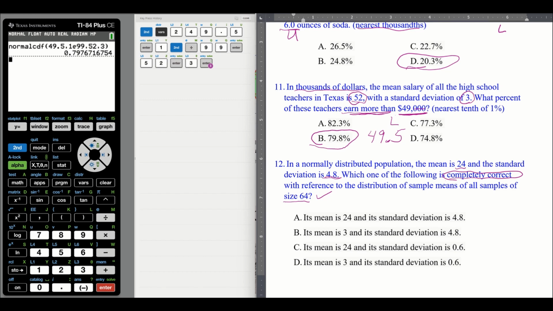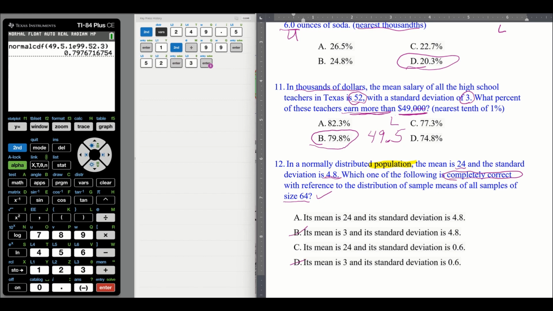And notice they discuss population right there. So that means 24 will not change. The more we take, it's just a fact. It's going to come closer and closer and closer. Okay. All right. So you can go back and read about that or listen to the videos. I didn't explain it as well as a book would or other videos that focus on this topic. Okay. So get rid of B and D.